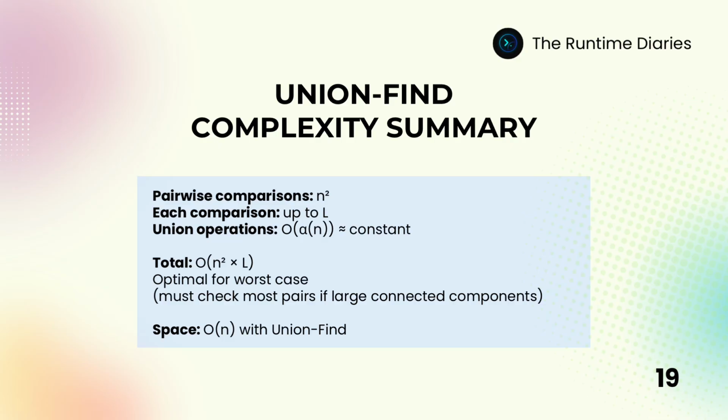Total time complexity is O of n squared times L, and the space complexity with union find is O of n for the parent and rank arrays. This is optimal. You cannot improve on O of n squared times L asymptotically because you must check enough pairs to discover all the connections.